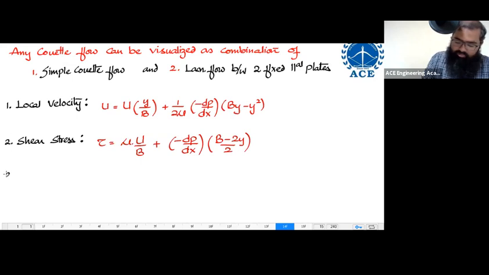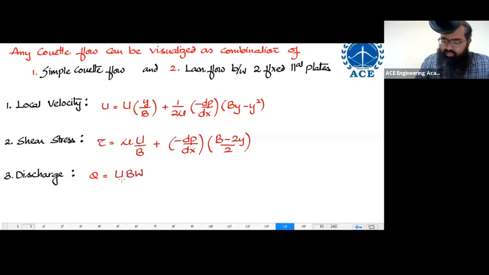The third formula here is the formula for discharge. What should the discharge for net Couette flow be equal to? Discharge for simple Couette flow was equal to capital U into B times W divided by 2.